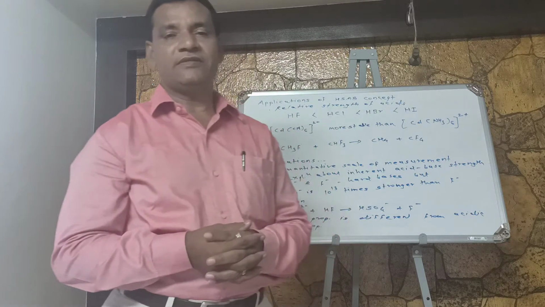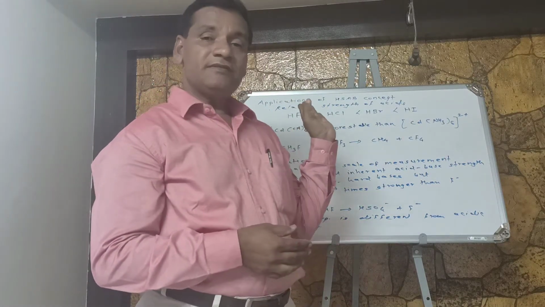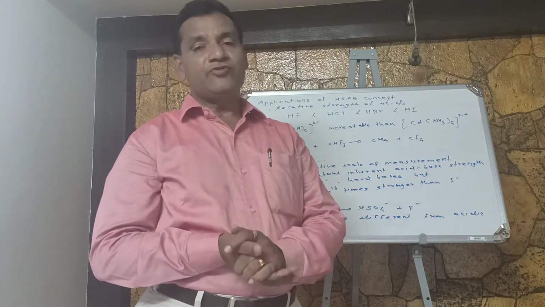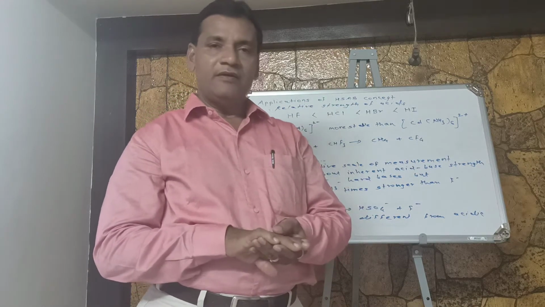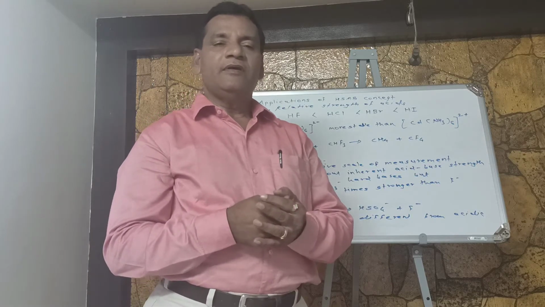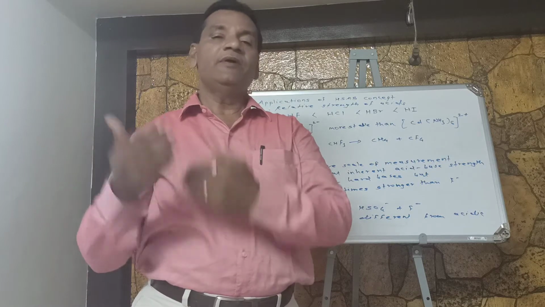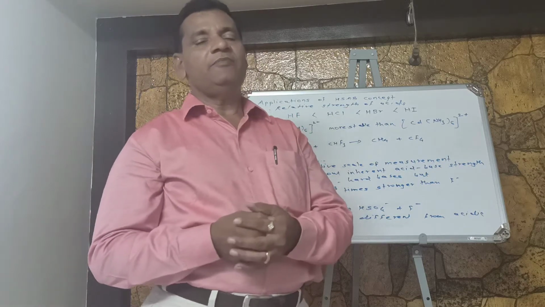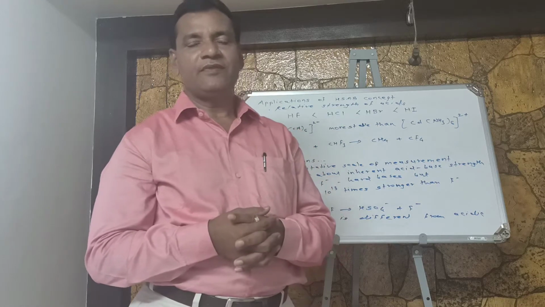Similar to these concepts, Pearson's HSAB concept is also useful for many things. For example, whether a formed product will be stable or not can be predicted with the help of this HSAB concept.